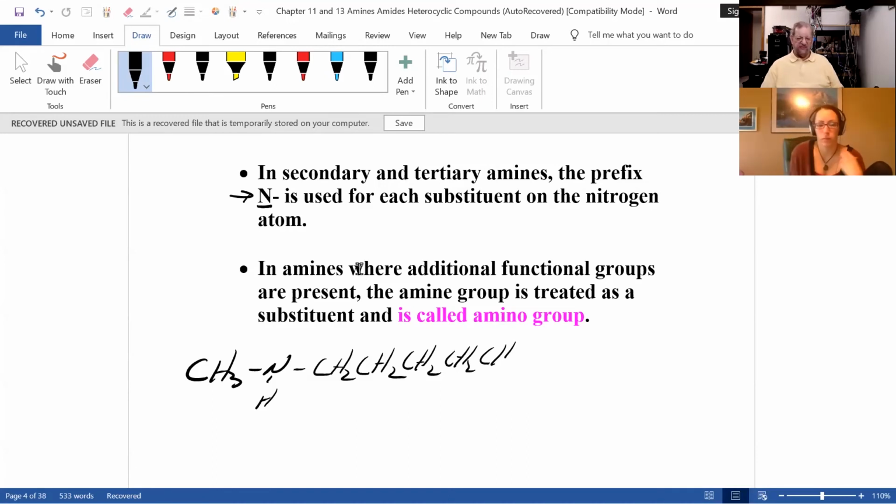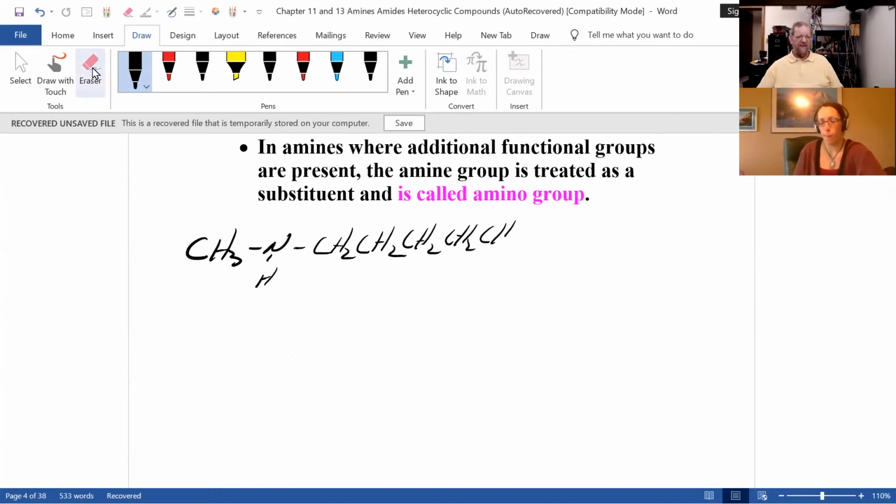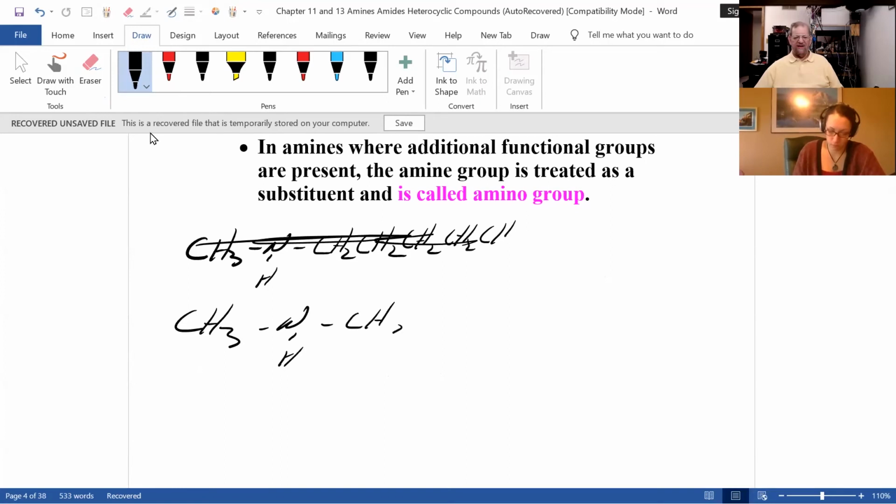And let's go through this. Now, IUPAC, you find the longest chain of the alkyl groups, and the name is an alkane.